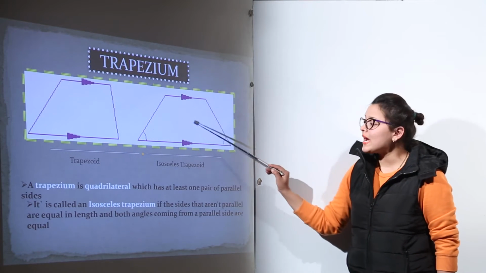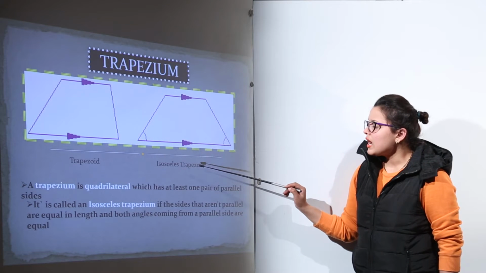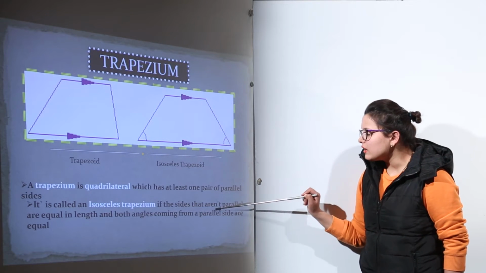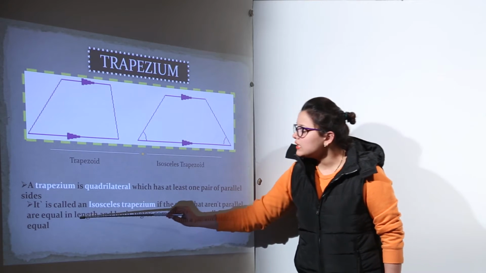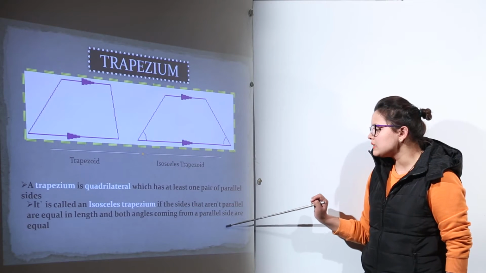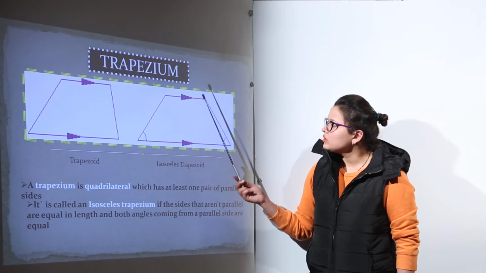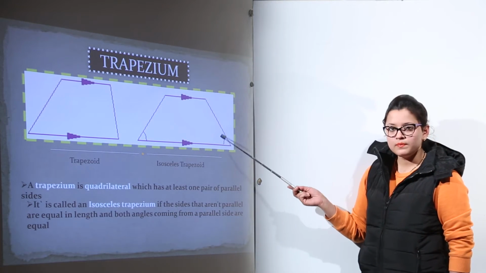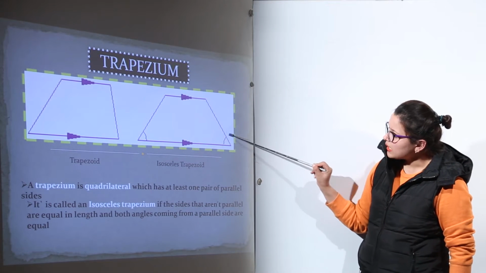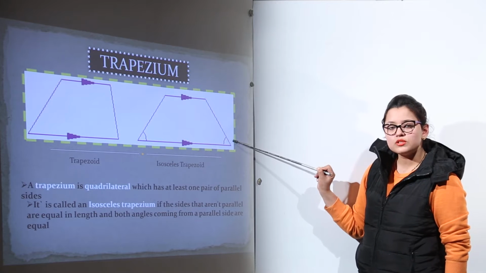But what is an isosceles trapezoid? Isosceles trapezoid is if the sides that are not parallel are equal in length and both angles coming from a parallel side are equal. Now you can see in this figure clearly that the non-parallel sides, this side and this side, these are the two non-parallel sides for this trapezium.